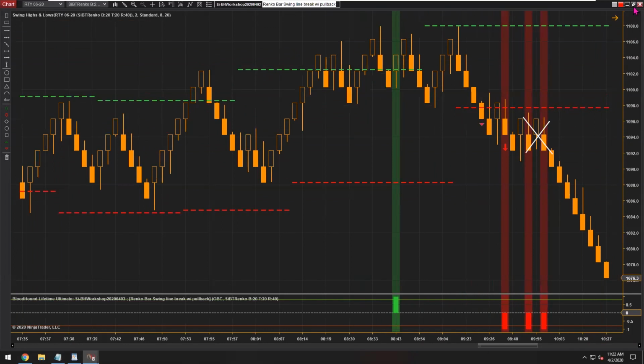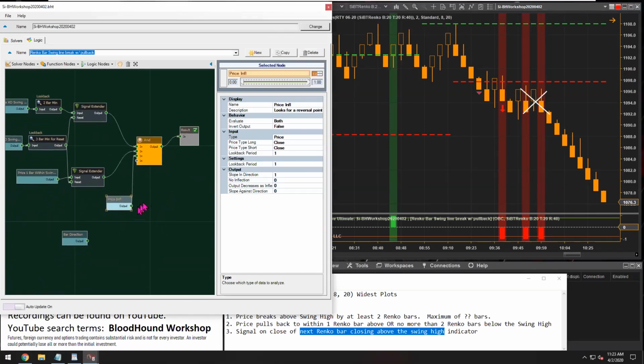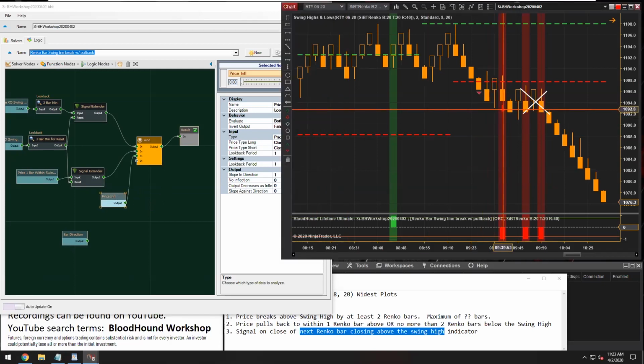All right, so let's figure out how to clear out those other 2 signals there. Now, the simplest thing that you might think to yourself is, well, let's take our first signal and feed it back in to reset the signal extenders, right?